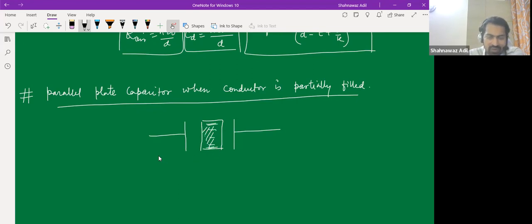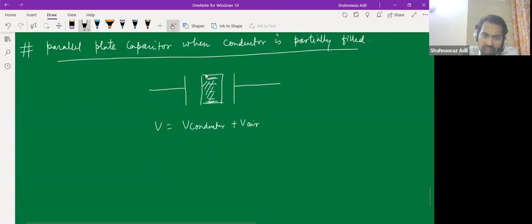Now we have to calculate the potential. The potential would be V conductor plus V air. The potential due to the conductor is E conductor into t, the thickness.